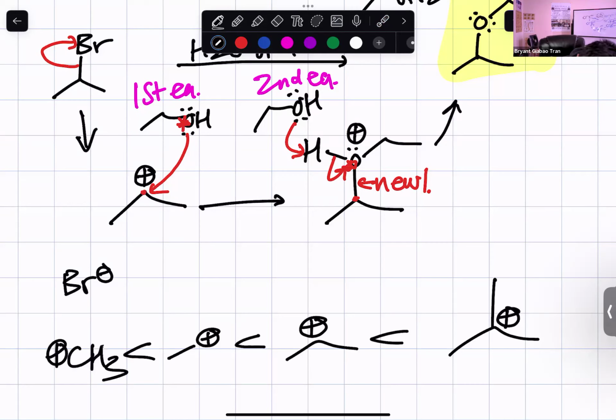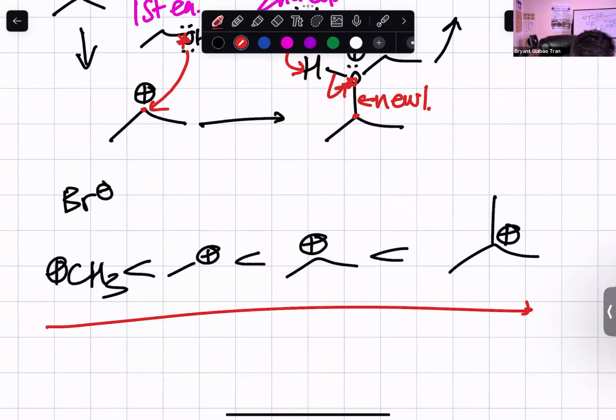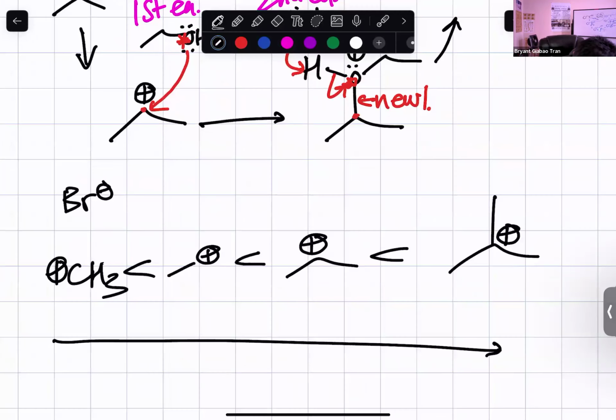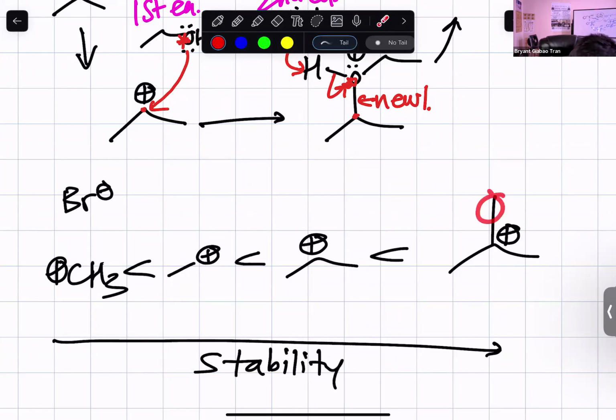More groups attached to it. For now, when you learn about alkenes, you're going to learn that allylic carbocations are more stable, but for now, the more substituted carbocation is the more stable carbocation. The carbocation with more friends around it is less lonely, more happy, more stable.